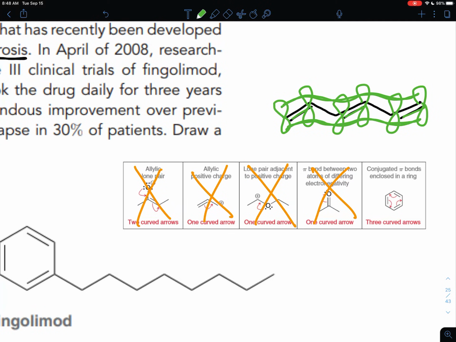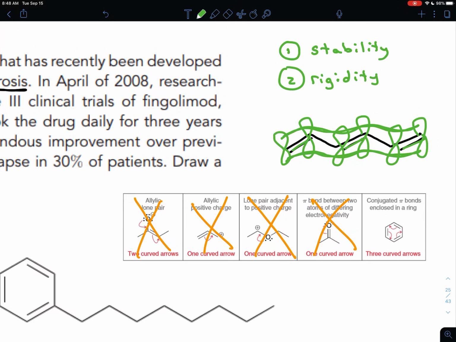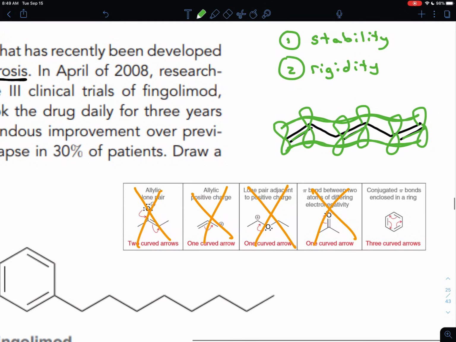Remember, the significance of resonance is twofold. First, it shows how much electrons are spreading out, so it gives you information on stability. And the second thing is it gives you information on rigidity. How rigid is the molecule? Because these pi bonds, or these partial pi bonds, can't rotate, the molecule becomes more stiff.